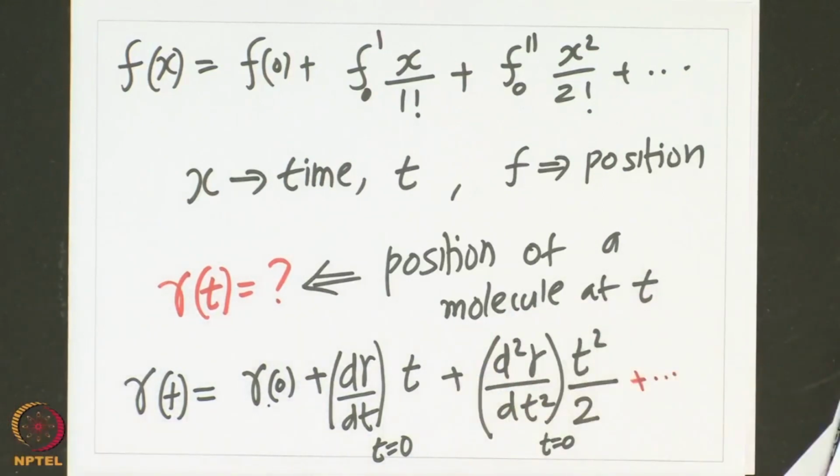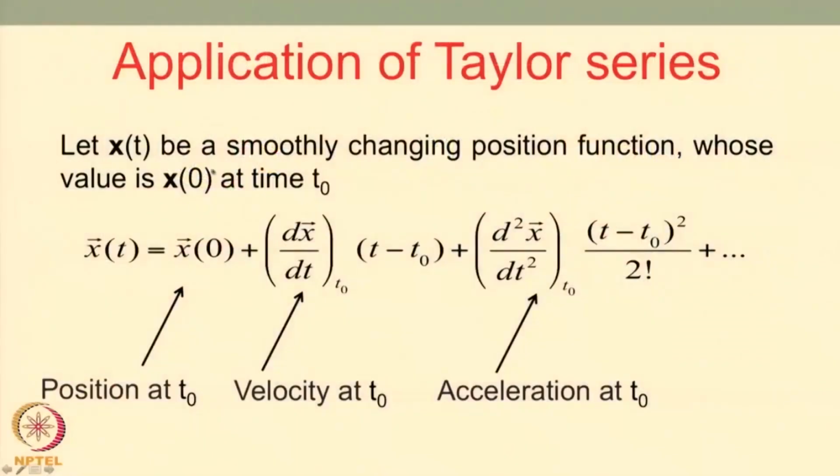So think about this. This will turn out to be Newton's equations. If you assume that acceleration is a constant and all derivatives beyond it, third derivatives, fourth derivatives, etc. are 0, then this position expansion will turn out to be Newton's equation. Here x is basically the position. Let x of t be a smoothly changing position function whose value at time equal to 0 we know.